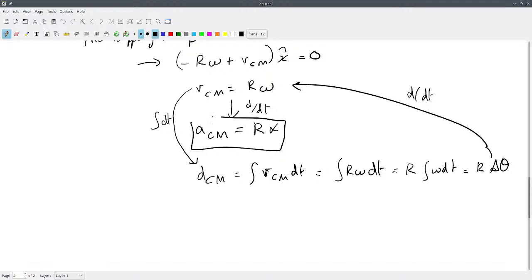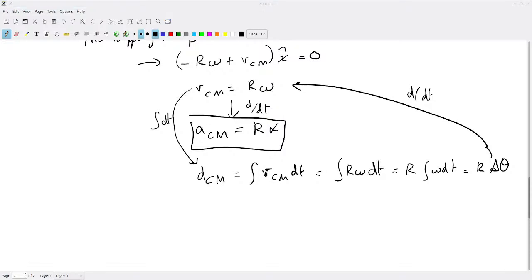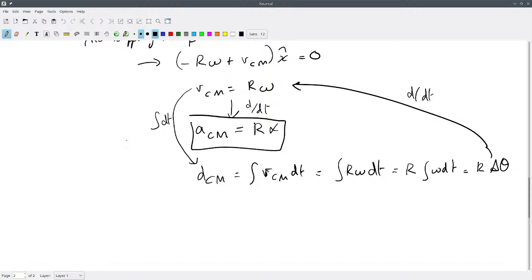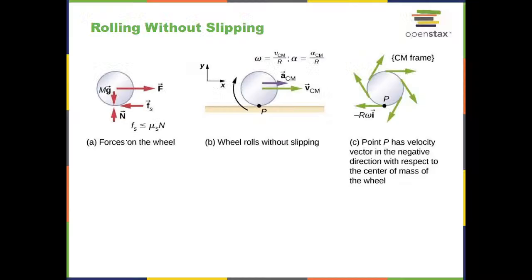The important one is going to be this acceleration one. That's the one that we're going to use next. Just as a reminder, we calculate the velocity of the point P starting from the center of mass, which is the velocity of the center of mass, that's where the axis of rotation is, plus the relative velocity of point P because of the rotation around that axis.